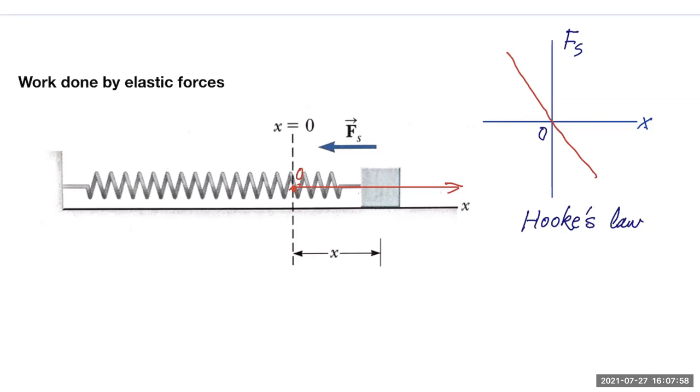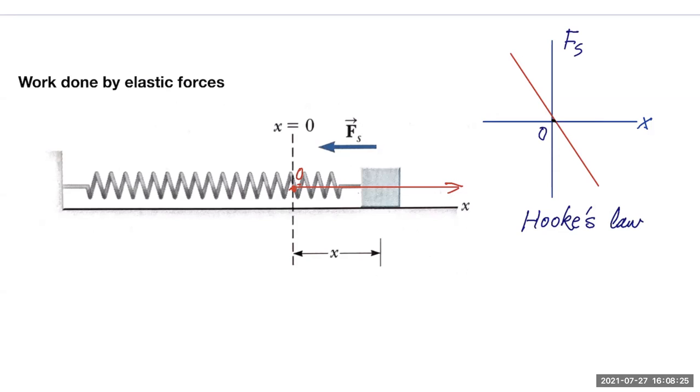I have to do a better job at this. There we go. Okay, so here is an illustration of the restoring force of the spring, and it should pass through the origin right here. When x equals 0, there is no restoring force. Okay, and the slope is negative. We call it negative k.